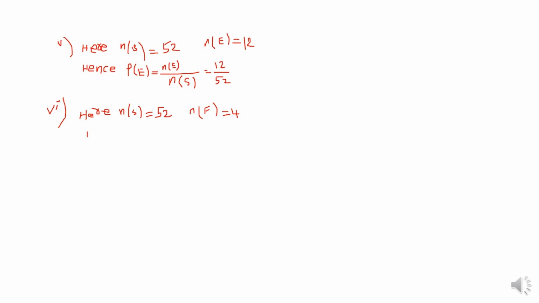Hence, the probability of F is the number of F divided by the number of S. This is basically the formula for how to find the probability of an event: n of F divided by n of S, or favorable outcomes divided by total outcomes. The number of F cards is 4 and the total number of cards is 52.